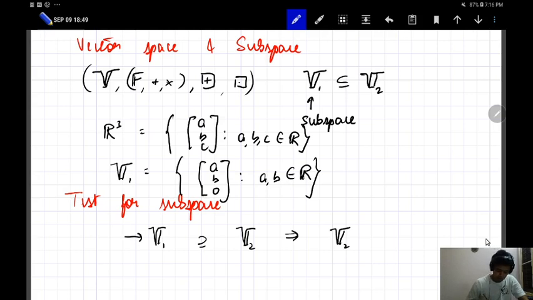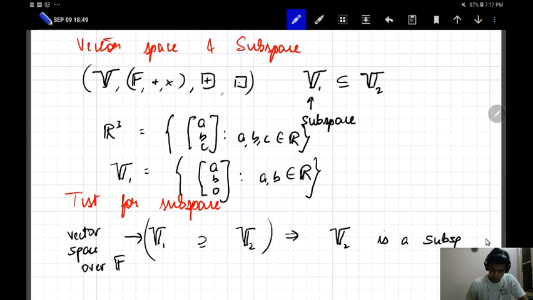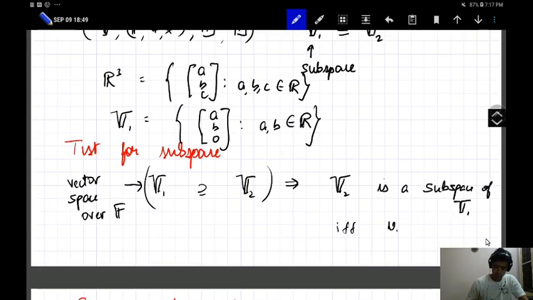V1, we know, is a vector space defined over a field F. If we know that V2 is a subset of V1, then I claim that V2 is a subspace of V1 if and only if the following property is satisfied.